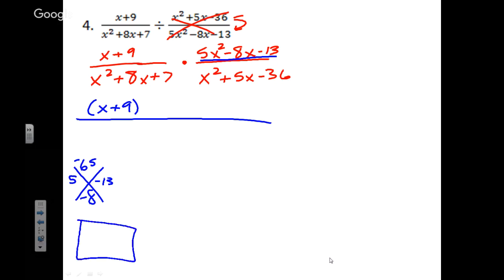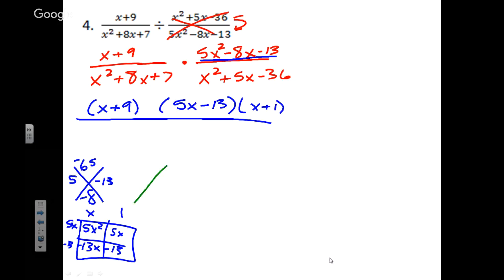So then make my box. 5x squared, 5x, negative 13x, negative 13, 5x, x, 1, negative 13. So my part for that is 5x minus 13 and x plus 1. Okay.